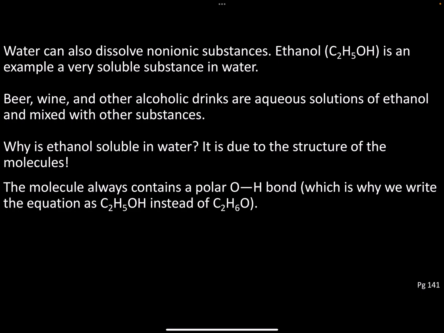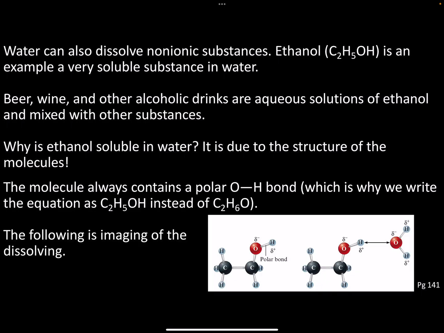The molecules always contain this polar OH bond. That's actually why we write it as C2H5OH instead of C2H6O, because it's denoting that we have an OH bond, and that OH bond is very polar. As you can see right here, that polar OH bond is something that water molecules come next to and are actually able to have attractions for, and they separate out those ethanol molecules from one another.